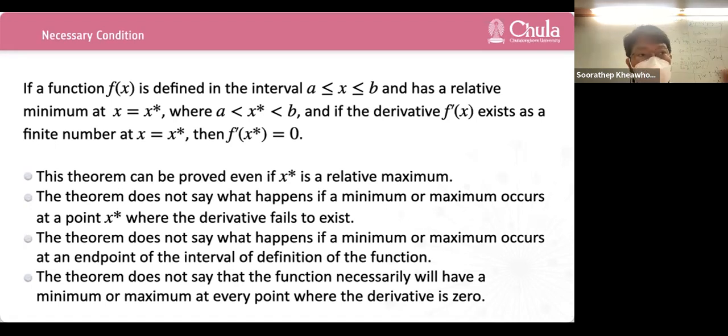If at that point you cannot find the derivative, it isn't covered by this condition, okay? And the theorem doesn't say what happens if a minimum or maximum occurs at the end point, okay? At the end point, we cannot apply this necessary condition. What is the end point in this case? Where x is a or x is b, okay? At the boundary.